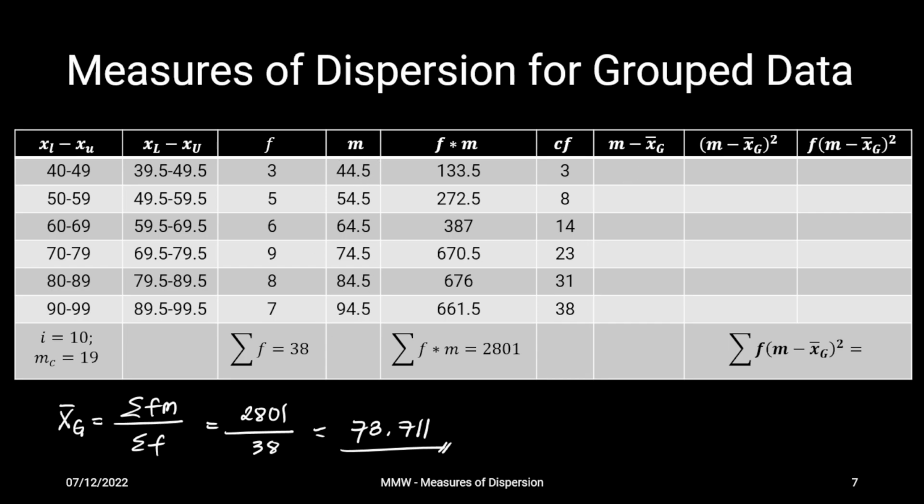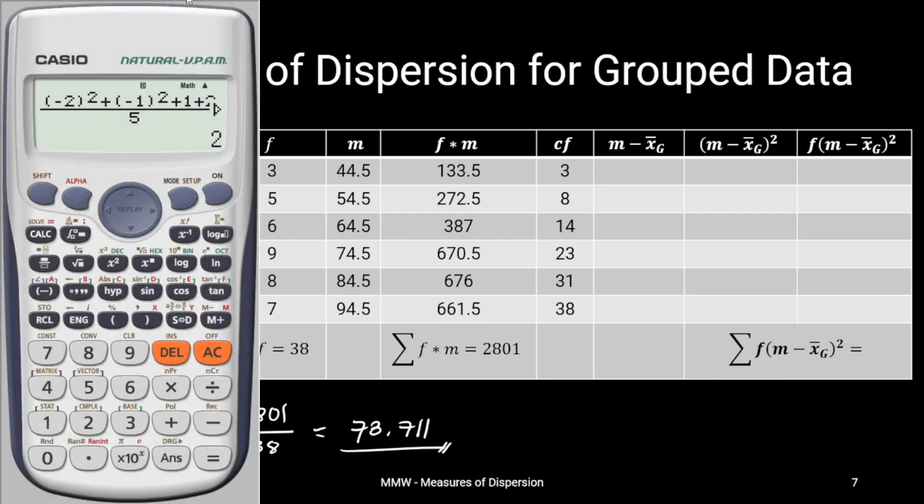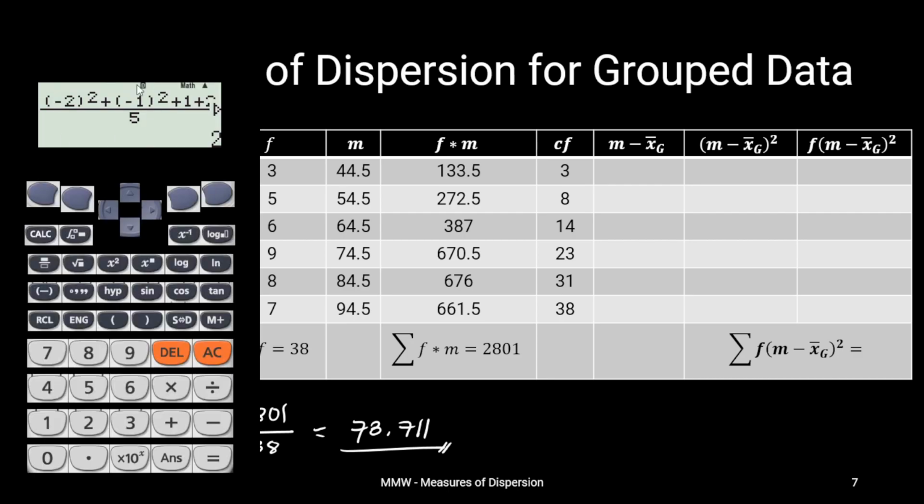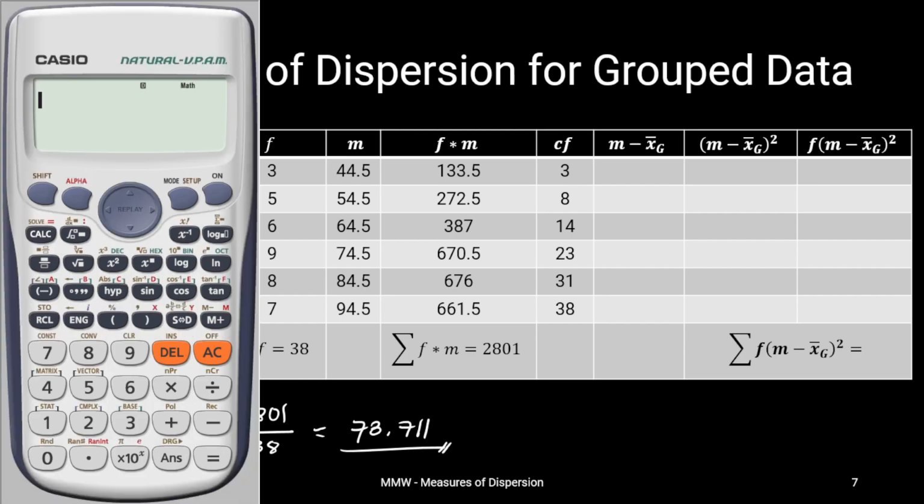Okay, so game. Let's bring out our calculator. Ayan. So para mas mabilis, type lang tayo ng type. Okay, so let's start with the first one. So we have the midpoint minus the mean.